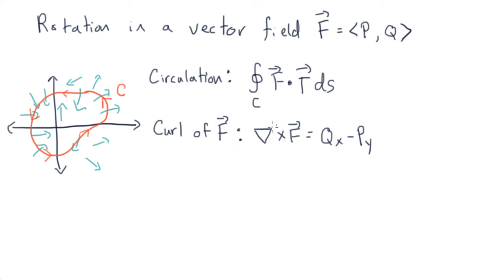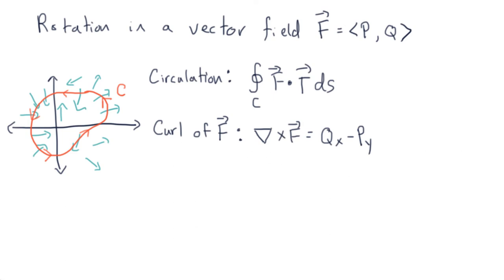The curl of a 2-variable vector field, or a vector field in the plane, turns out to just be the partial of the y-coordinate with respect to x, minus the partial of the x-coordinate with respect to y. And so what does the curl tell me about my vector field f?